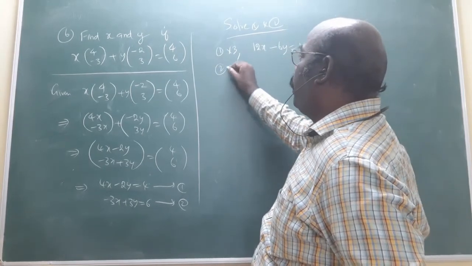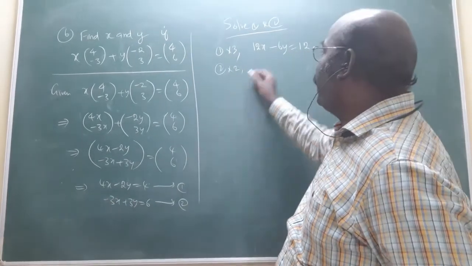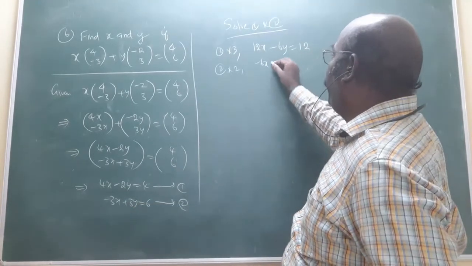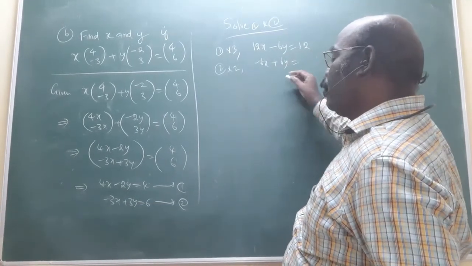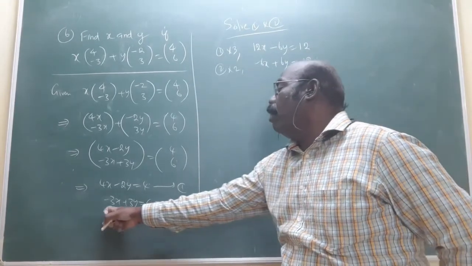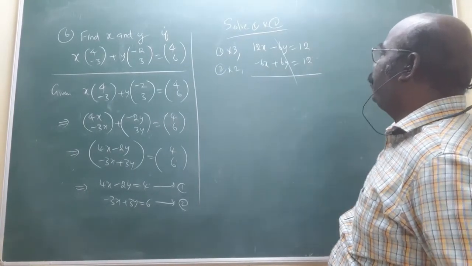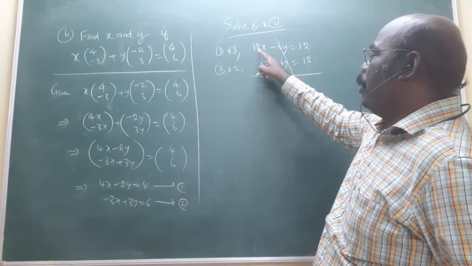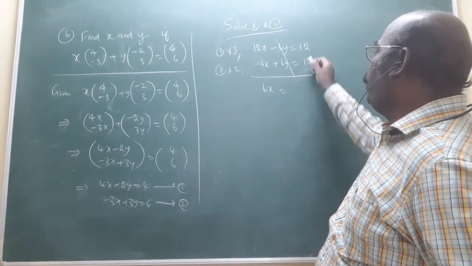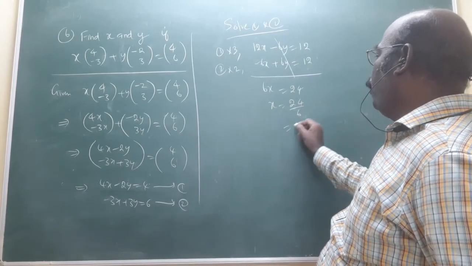Now the second is multiplied with 2: minus 3 into 2 is minus 6x, plus 3 into 2, 6y, equal to 6 times 2, 12. Sorry, multiply by 2, all elements are multiplied by 2. Now the y terms will cancel. Now adding both, 12x minus 6x is 6x, and adding both sides, 24.